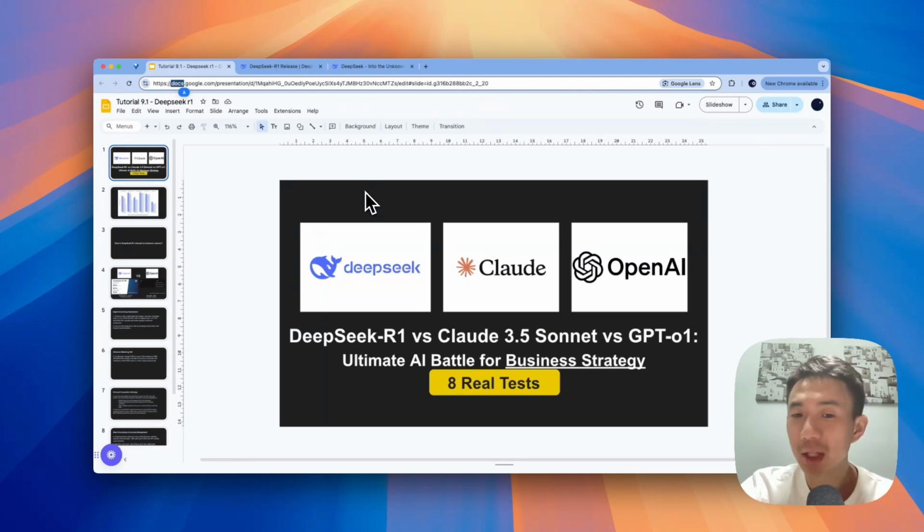What would be the business implications for business owners, how we can adopt DeepSeek-R1 in our business strategies and daily operations. And I'm going to do 8 real tests on DeepSeek-R1, Claude Sonnet, and GPT-o1 to showcase the performance comparison of different models. And before we start the demo, let's quickly go through the benchmark performance.